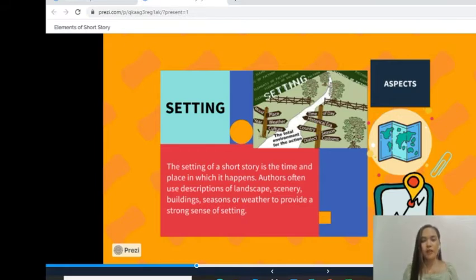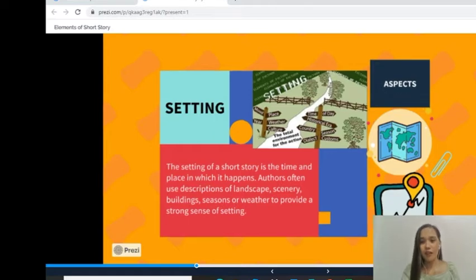With setting, we will be able to imagine deeper what is happening in the story or where the story took place, what is the time, how the characters are feeling when it's, for example, spring season, summer season, or cold season and other weathers.